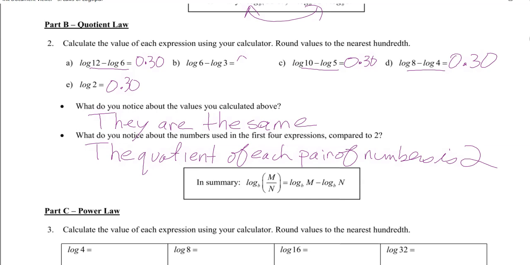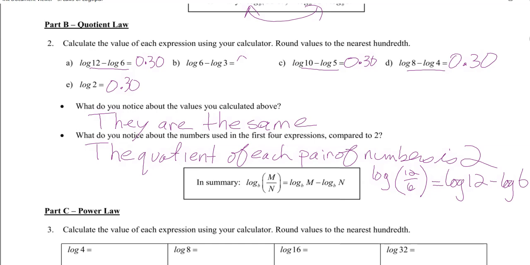And again, it works both ways, right? So you can go the log, and I'm just using a base 10 log here. So like the log of 12 over 6 is equal to log 12 minus log 6.